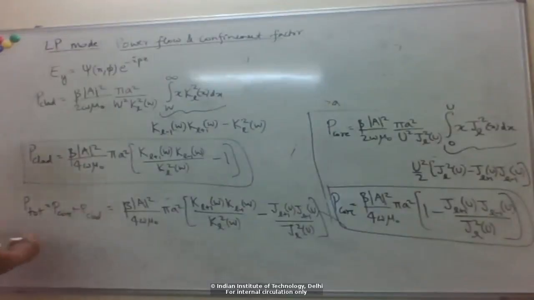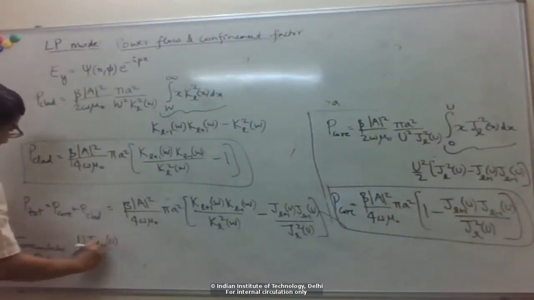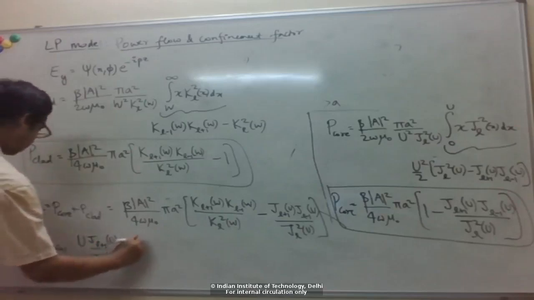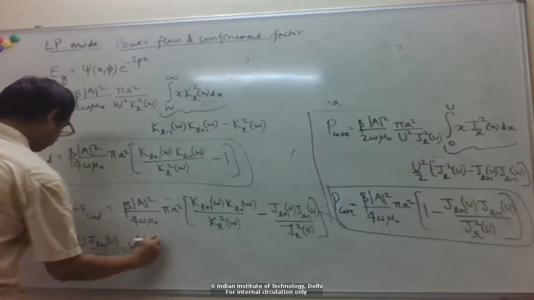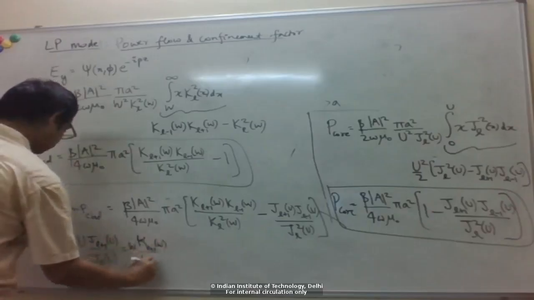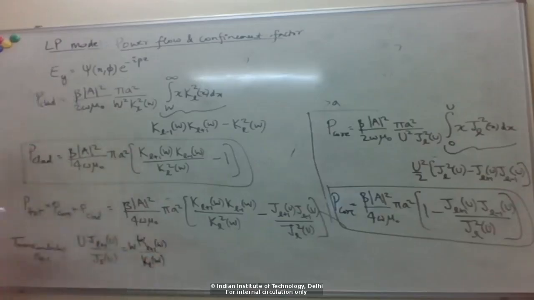So specifically, recall that we had these two forms for the transcendental equation. One was JL plus 1 by JL equals W times KL plus 1 by KL, right?